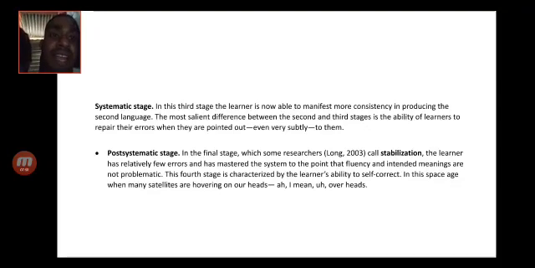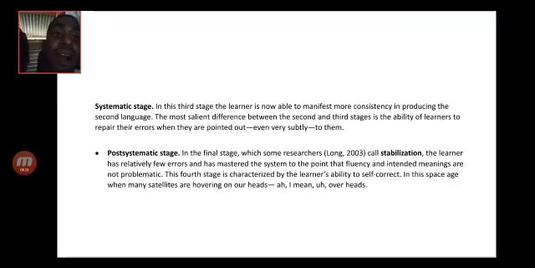Postsystematic stage. In the final stage, which Corder and others call stabilization, the learner has relatively few errors and has mastered the system to the point that fluency and intended meaning are no longer problematic.